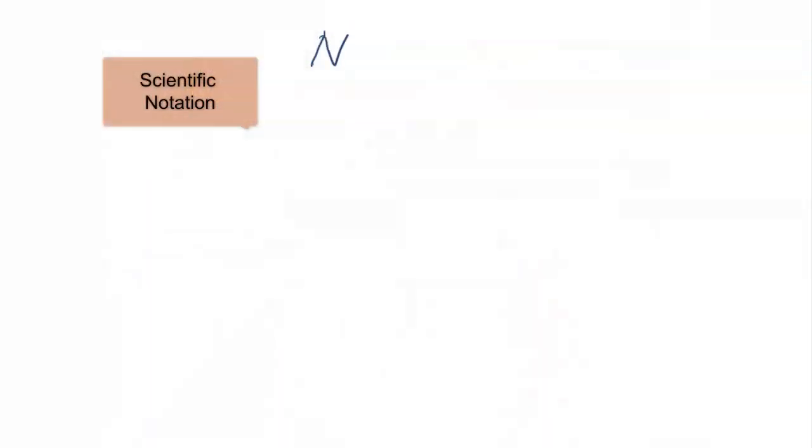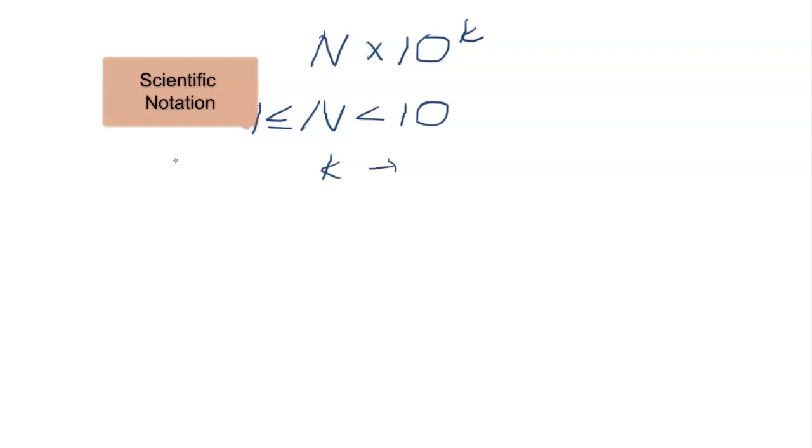Scientific notation has two parts: n times 10 to the power of k, where n is a number greater than or equal to 1 but less than 10. It can be 9.999 but not 10. And k is an integer.